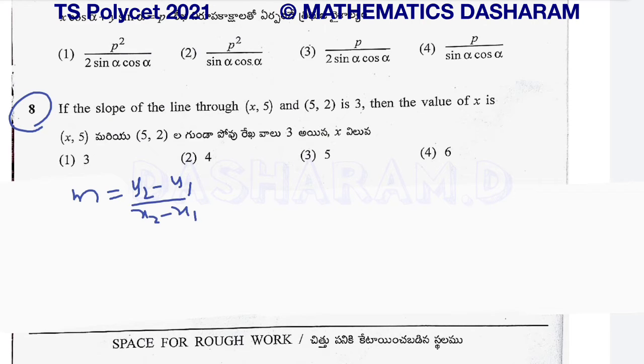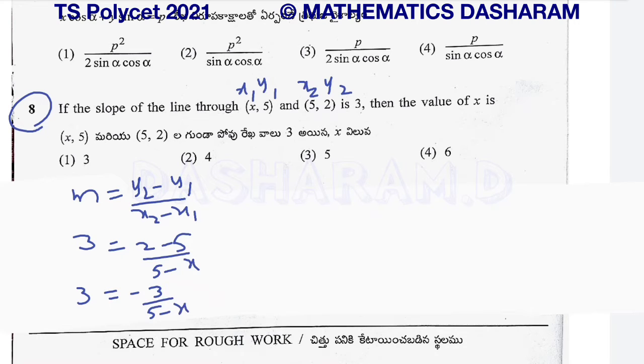So in this, the slope given is 3, equal to y2 minus y1. See, it is x1 y1, x2 y2. y2 minus y1, 2 minus 5, divided by x2 minus x1, 5 minus x. 3 equal to 2 minus 5, minus 3, divided by 5 minus x.